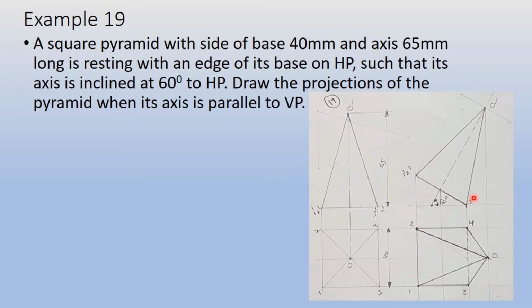You see, these two points are important here. The axis is inclined at 60 degree to HP, and one more thing, the edge of its base is on HP. You see that one of the edges is resting on the HP. That is why this is in dotted lines, as we have discussed earlier. So this is the solution.